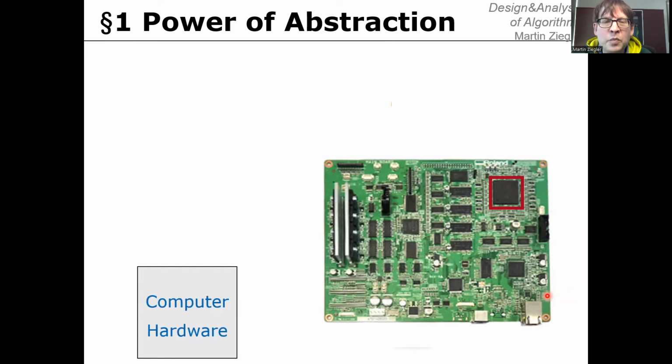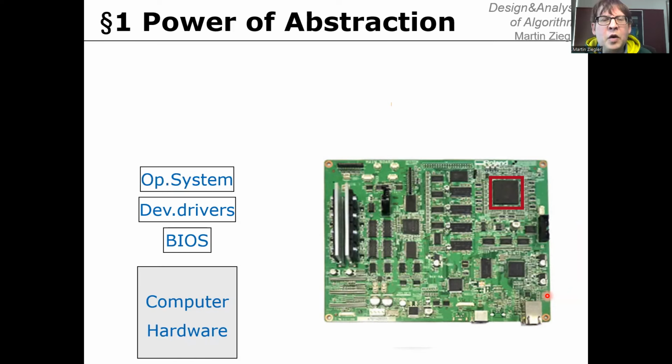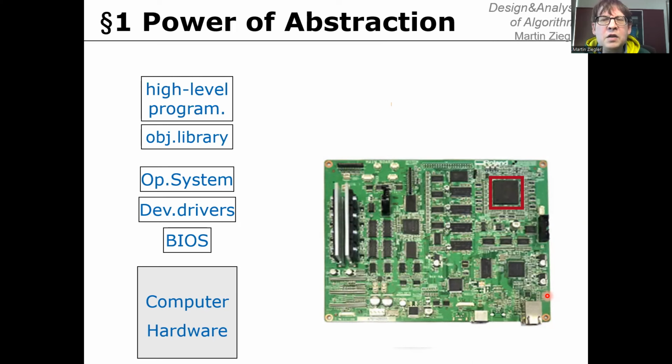And this is already the computing hardware. And again, basically, you need to know about all the details of your computing hardware, but the power of abstraction allows us to be ignorant about it by hiding it behind the basic input-output system, by hiding that in turn behind device drivers, by hiding that further behind an operating system, and then, for example, writing an object library as in modern operating systems, and writing code in a high-level programming language on top of that, where we can ignore all the lower levels due to the power of abstraction.